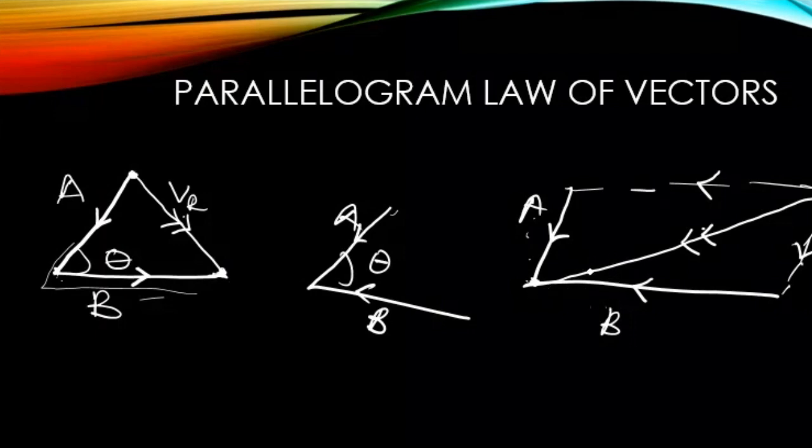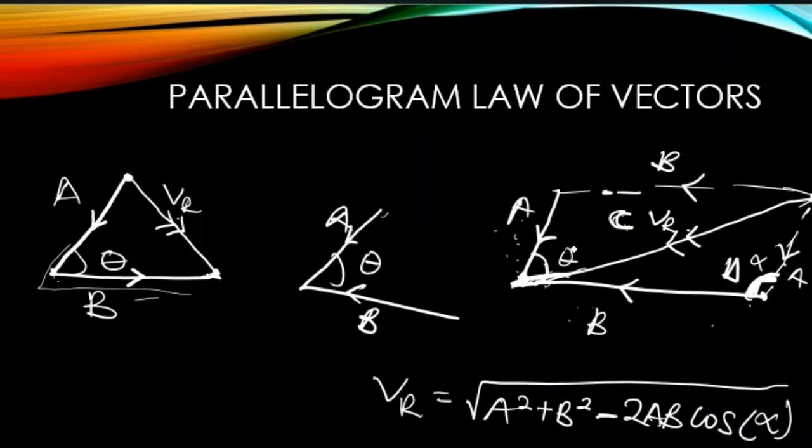Now you can see that the resultant vector can be calculated using the cosine rule, because over here we have two triangles forming in this parallelogram. So the cosine rule, just as used in the triangle law of vectors, can be used over here to find the resultant vector.